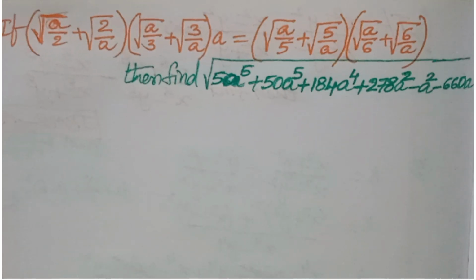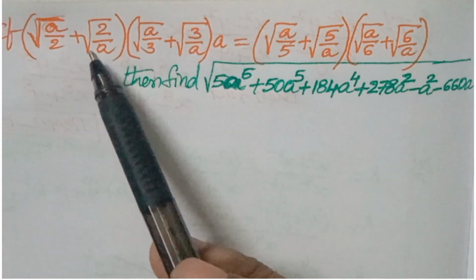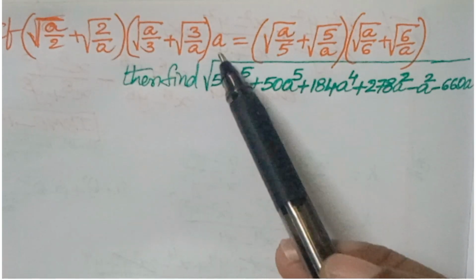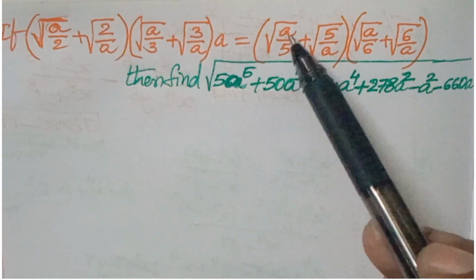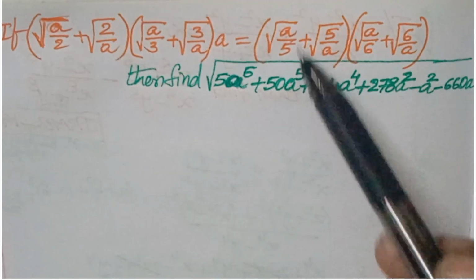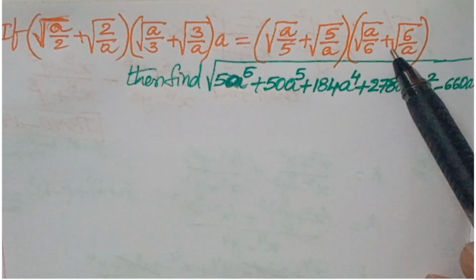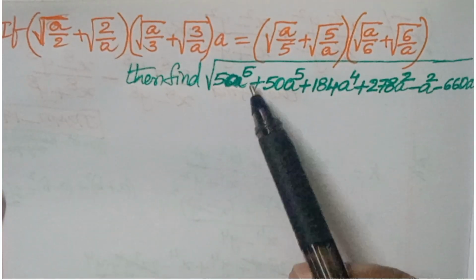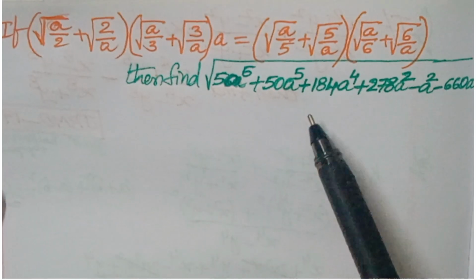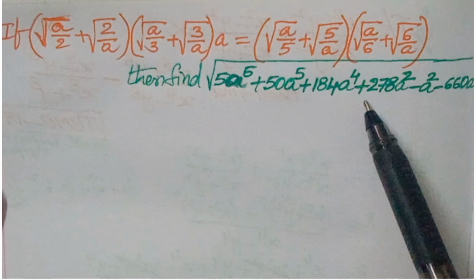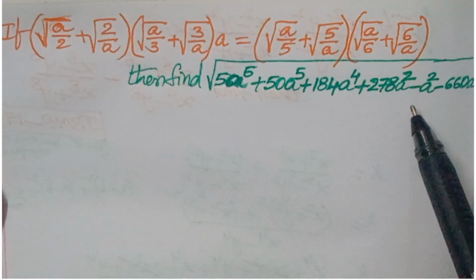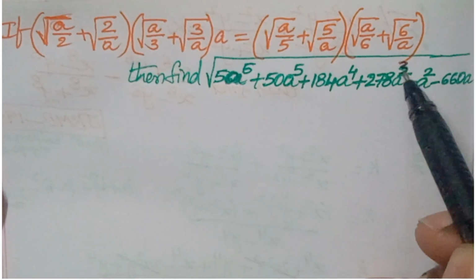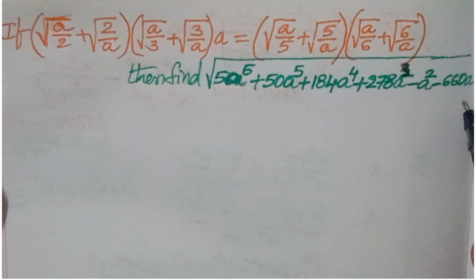The question is: given that (√(a/2) + √(2/a))(√(a/3) + √(3/a)) · a = (√(a/5) + √(5/a))(√(a/6) + √(6/a)), then you have to find the value of 5a^6 + 50a^5 + 184a^4 + 278a^3 - a^2 - 660a. This is the value you have to find.